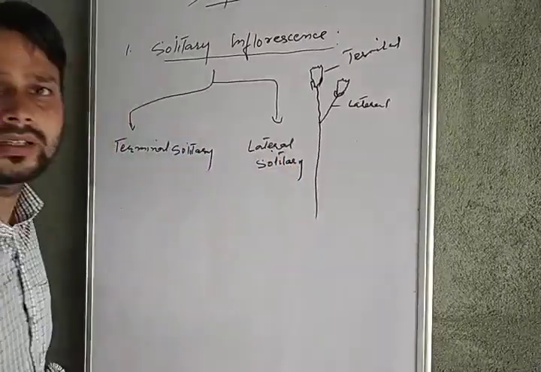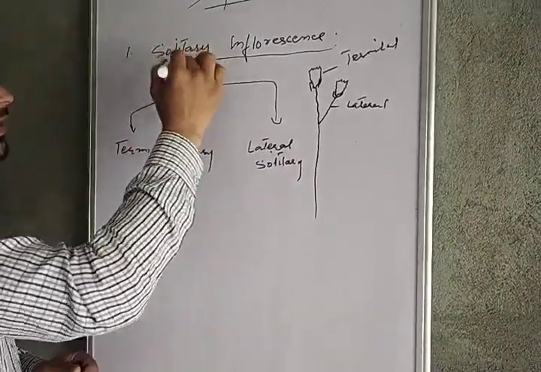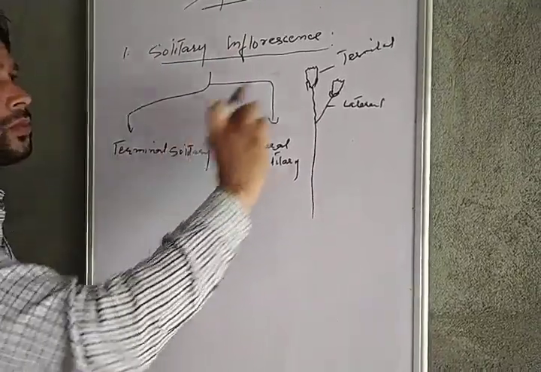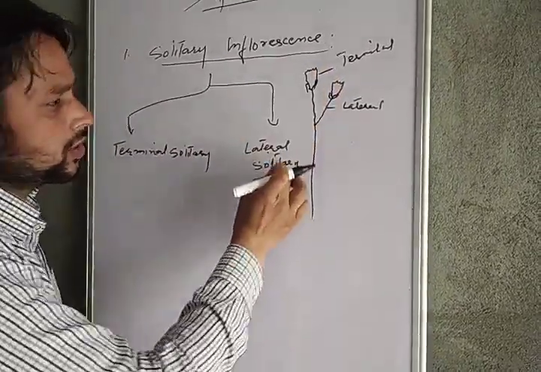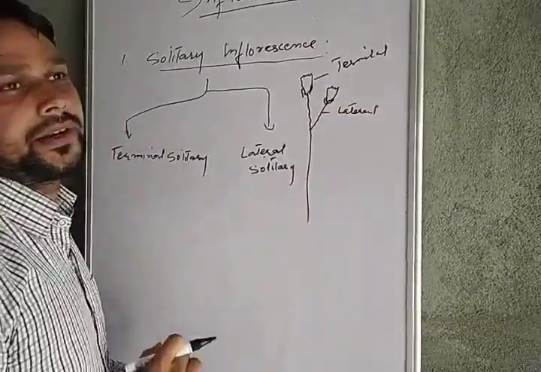Terminal solitary means the first individual flower is born at the terminal position. And lateral solitary means a single flower is born, but at a lateral position.